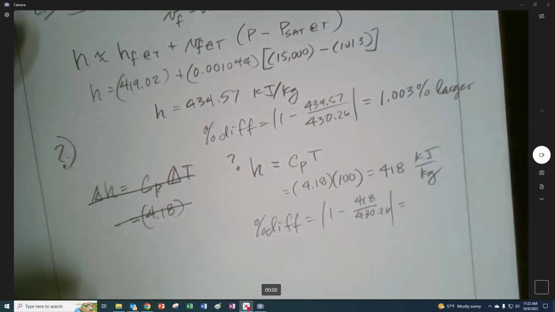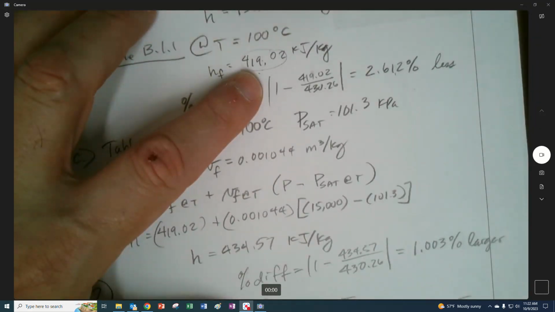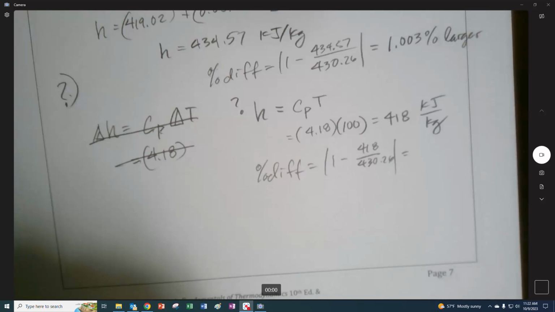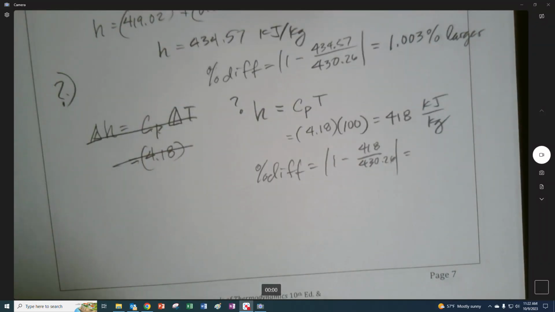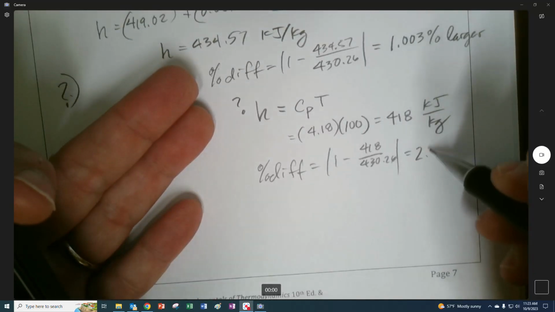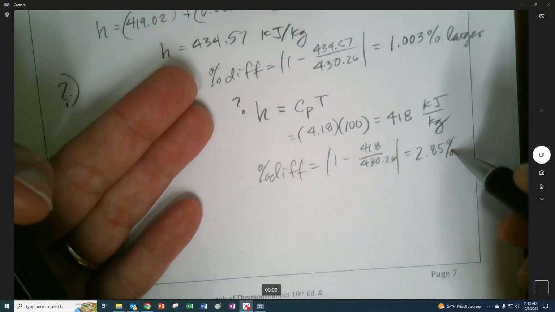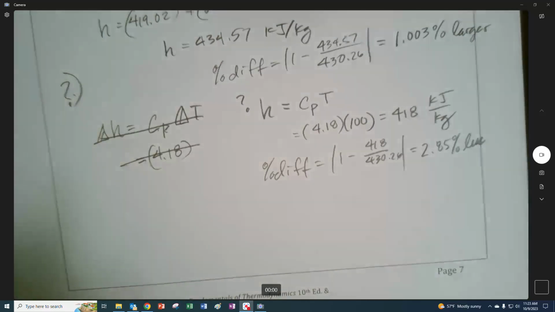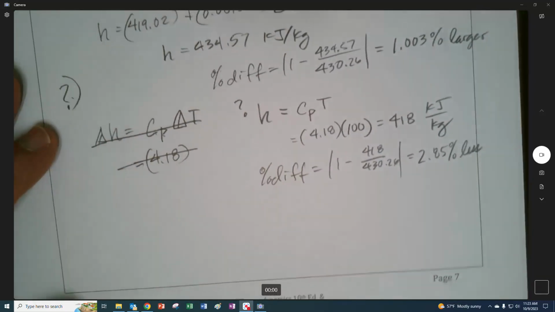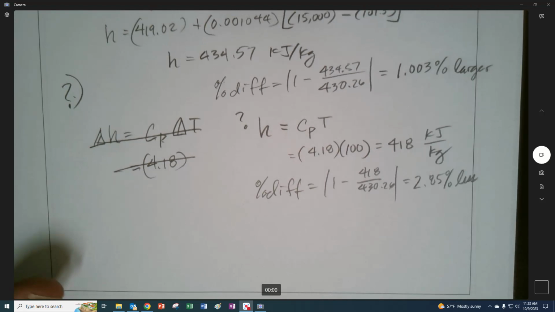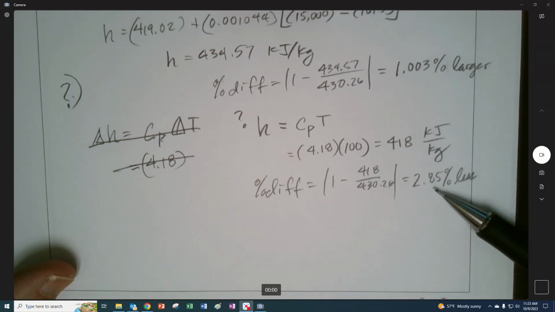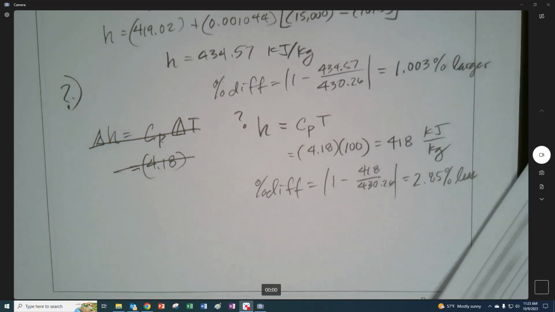So we're going to get pretty close to the same thing, because that's 419, that's 418. But let's just get the number down. So we're off by 2.85% less. Interesting. It's probably better to use the compressed water tables, but this in a pinch might be a viable option.